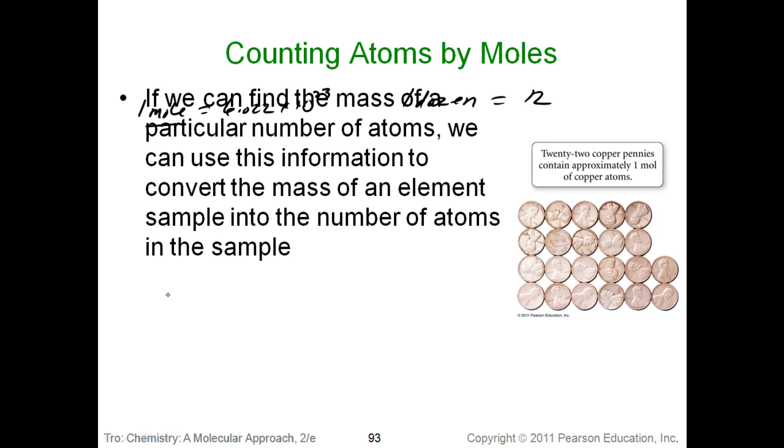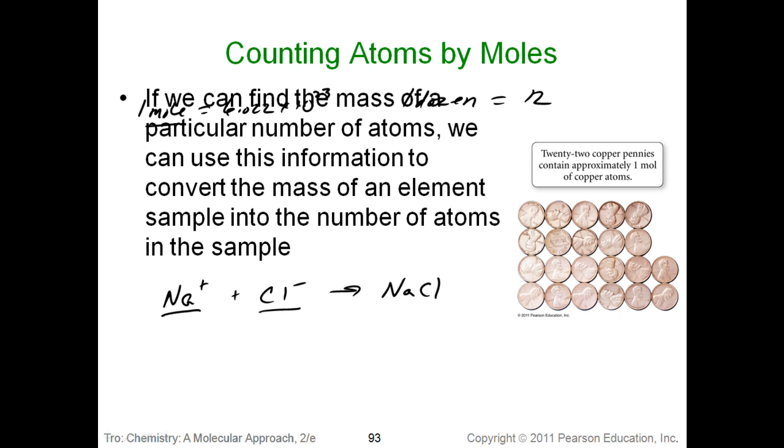If I want to combine sodium ions with chlorine ions to make table salt, NaCl, well, it's not about how much sodium weighs and how much chlorine weighs. I have to have 1 atom of sodium or 1 ion of sodium for every 1 ion of chlorine.